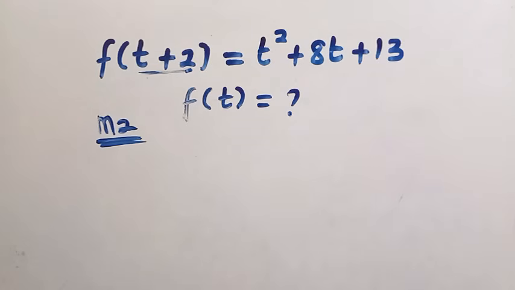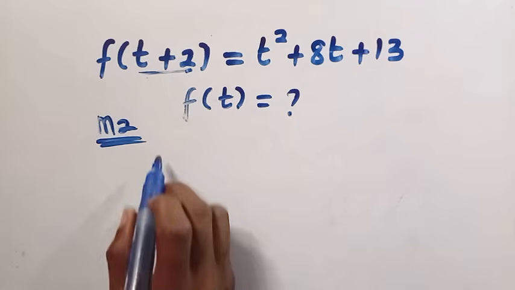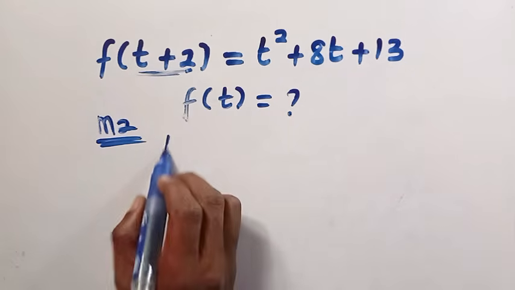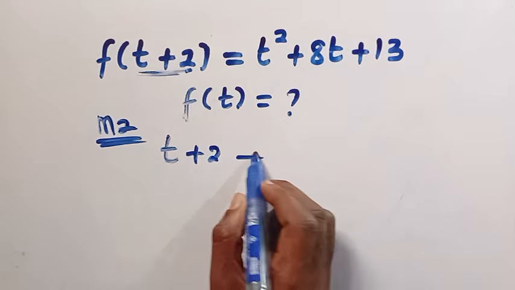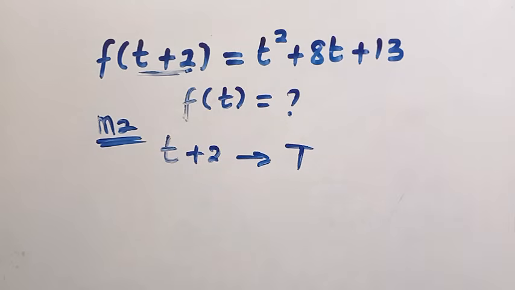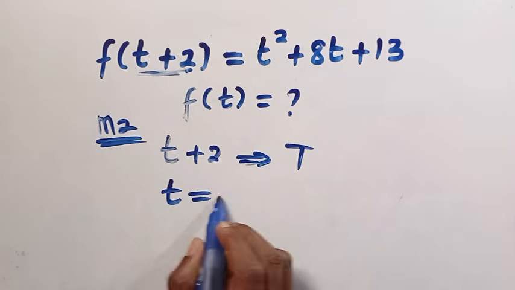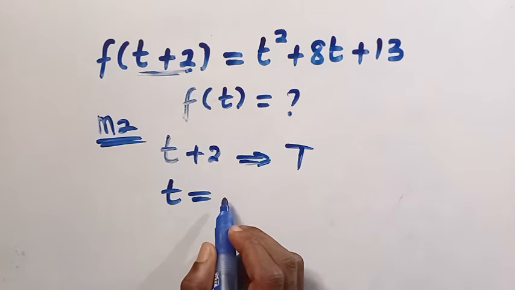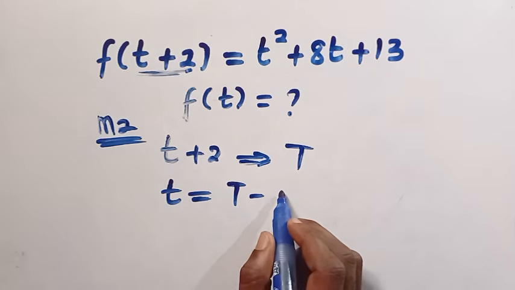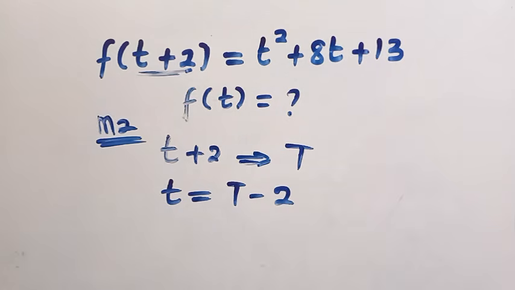So we can follow the easiest way. If this is t plus 2, I can replace it with capital T. Making t the subject of the formula, we have t equals capital T minus 2.